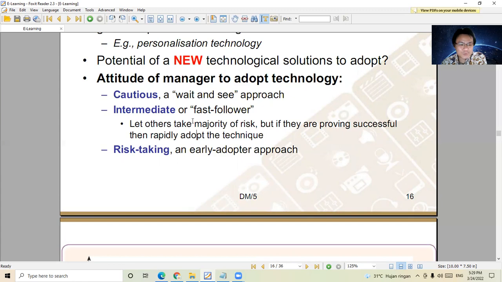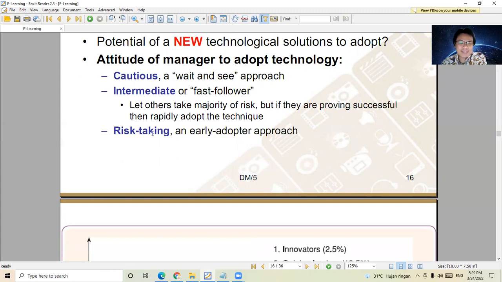And the third one is risk taking, or in other words, the early adopter approach. Early adopters are usually risk takers. They like to take risks even though the technology is not stable enough and is still in development. There are many risks involved. They don't care.